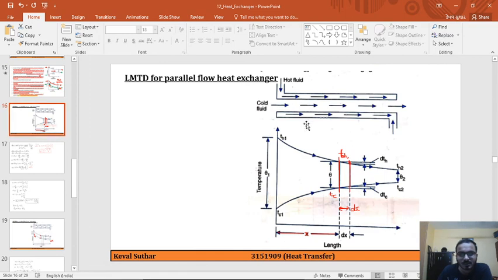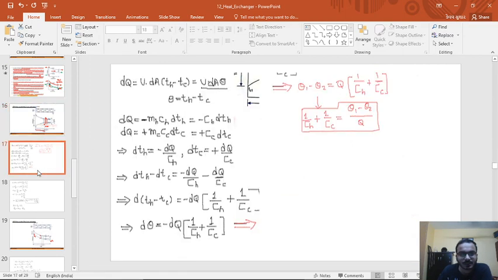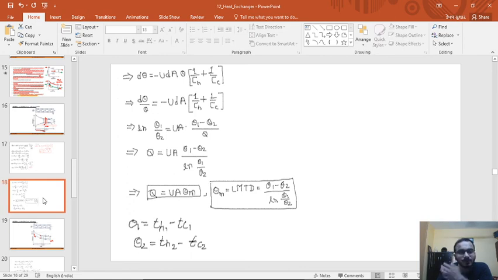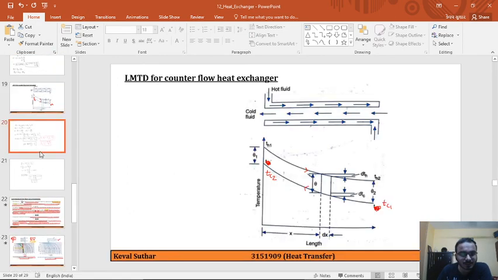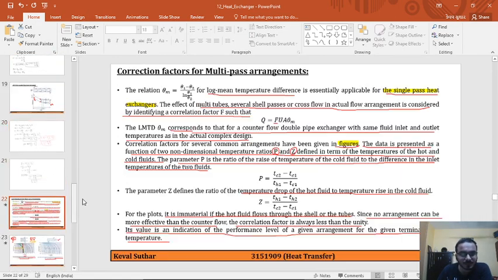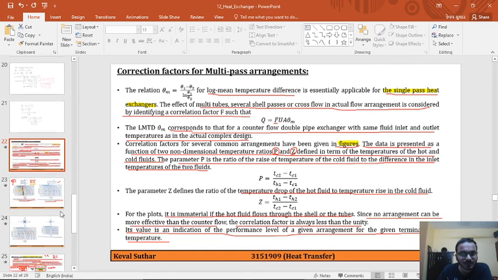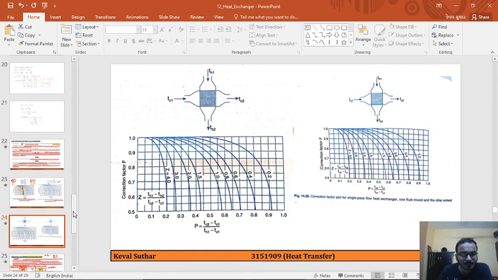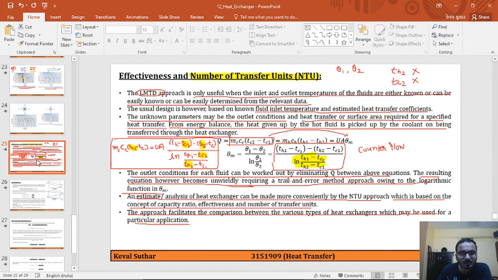Then we derived the LMTD for parallel flow, and then we derived it for counter flow. Next we discussed correction factors for multiple pass arrangements, and we also discussed the limitations of LMTD and why we require another method, that is number of transfer unit.